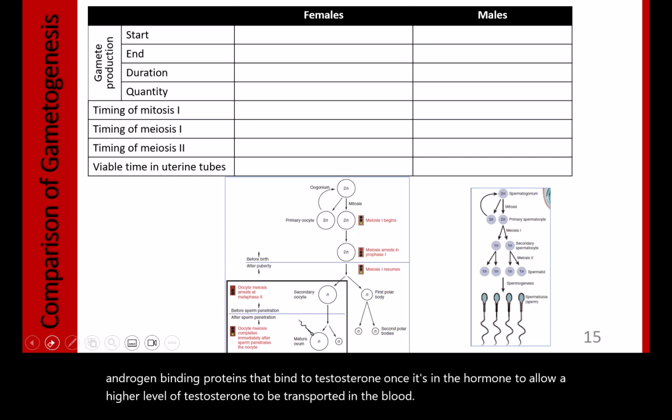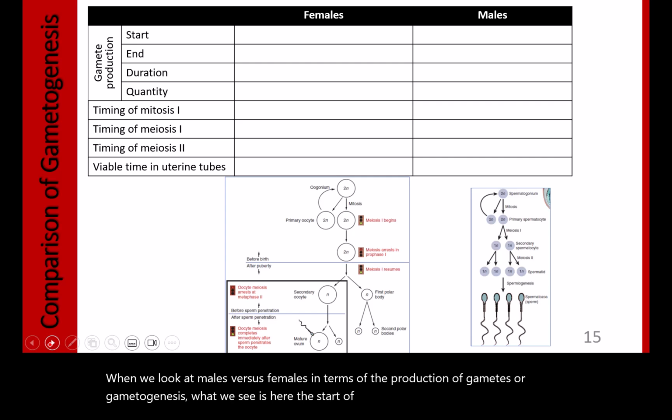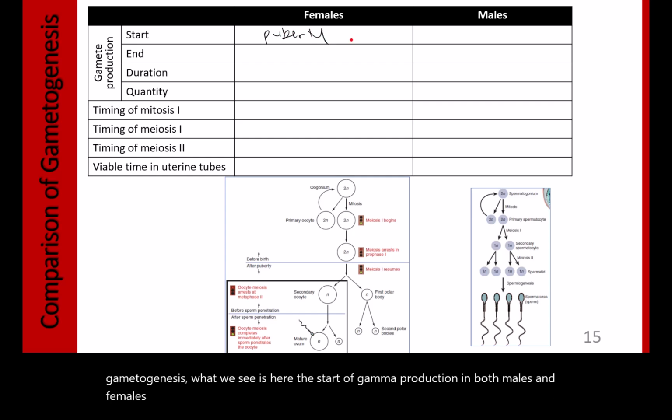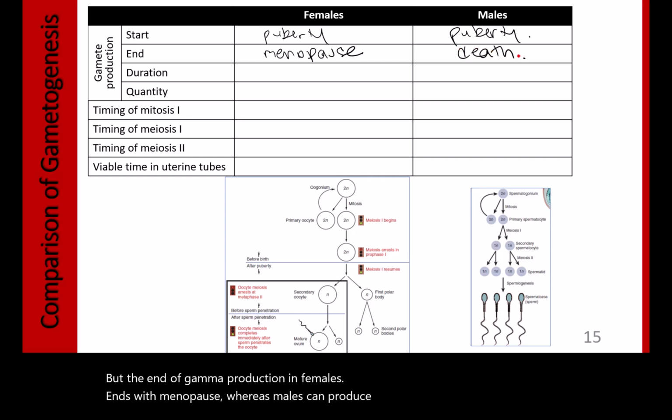When we look at males versus females in terms of the production of gametes, or gametogenesis, what we see here is that the start of gamete production in both males and females starts during puberty. But the end of gamete production in females ends with menopause, whereas males can produce sperm until they die.